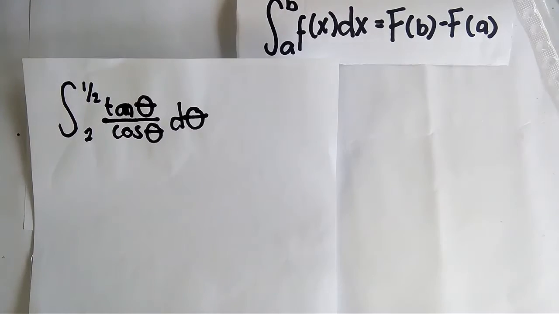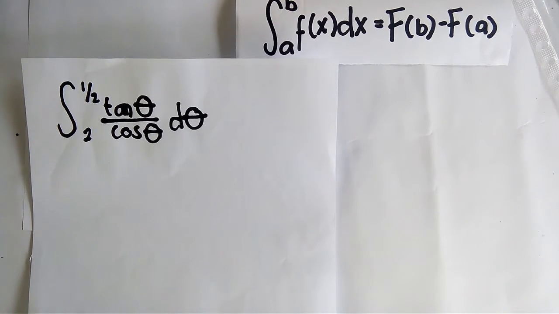Next example. Integral of tangent theta over cosine theta d theta from 2 to 1/2. In this example, you can use the identities in trigonometry. It would be easier for us to use the identities so that we can solve the problem.